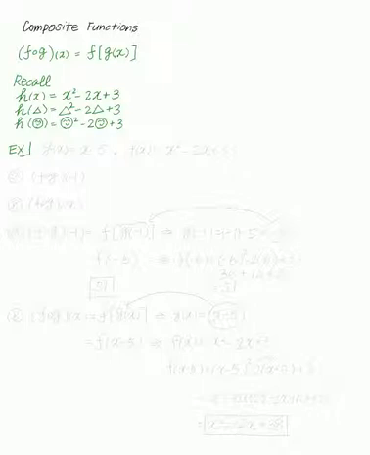We'll take two functions. We'll say g of x is going to be x minus 5. f of x is going to be x squared minus 2x plus 3.